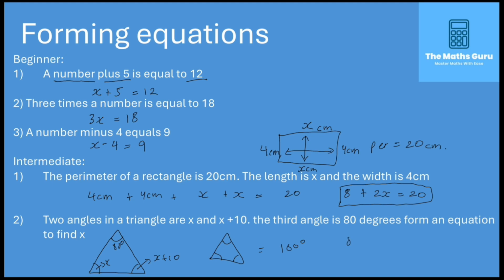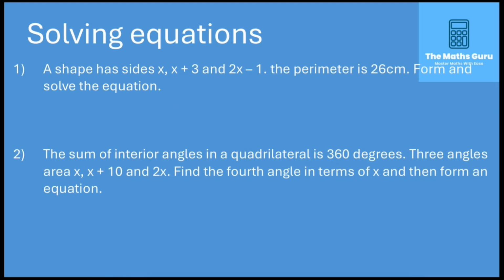So we can set this up as 80 plus x plus x plus 10 is equal to 180 degrees, which means 80 plus 2x plus 10, which is 2x plus 90, is equal to 180 degrees. And from here, we can solve for x.